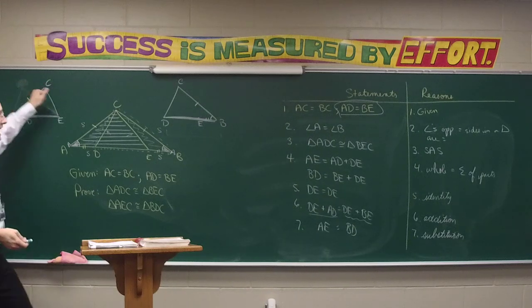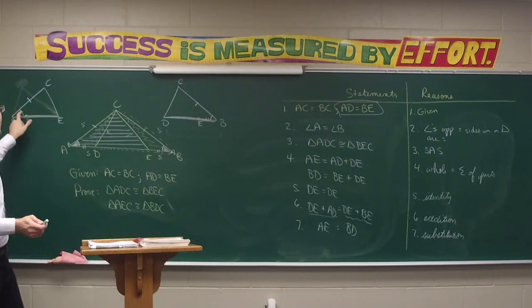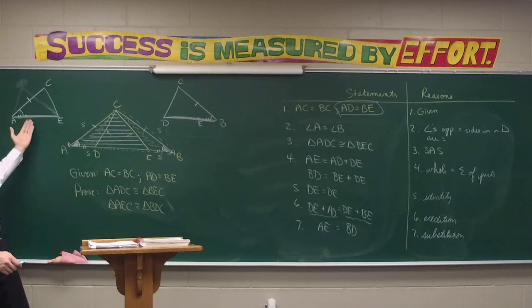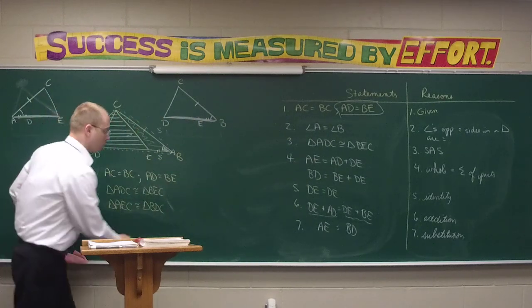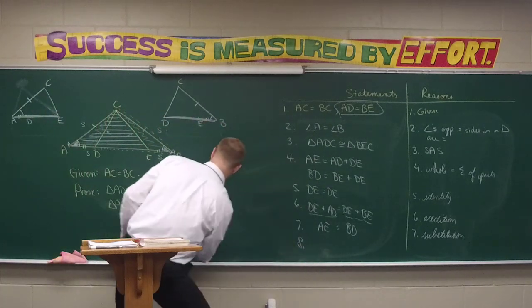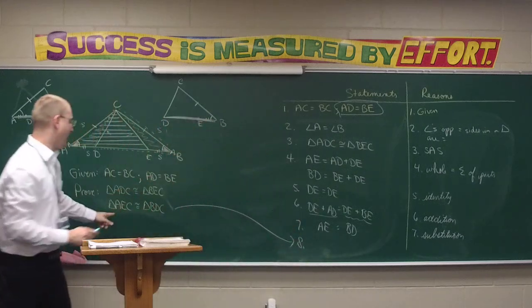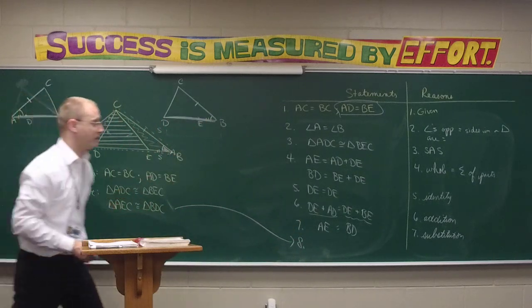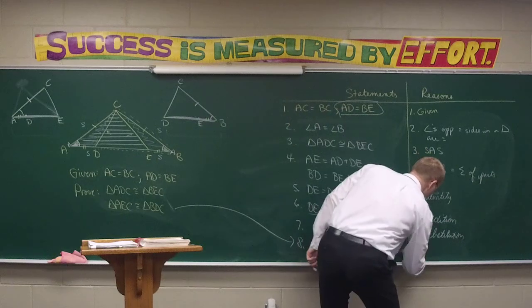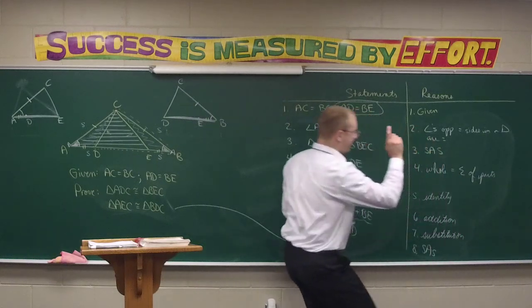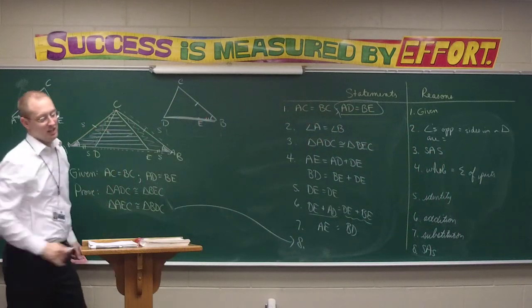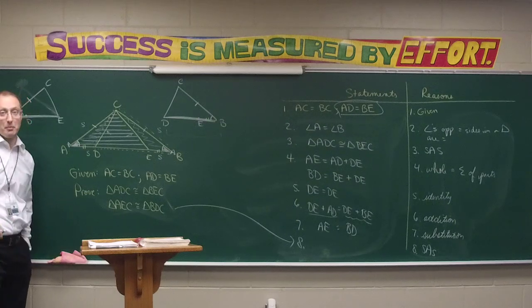So I do have sides, angles, sides. So, sure enough, number 8, we know that triangle AEC and triangle BDC are congruent by a different side, angle, side. And that's page 118, number 1.